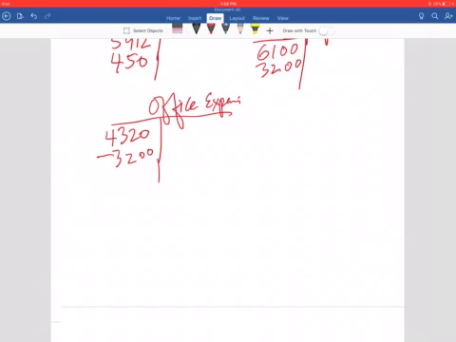The third error to fix is about services that were performed on account for a client, 2250, for which accounts receivable was debited 2250, which is fine, and service revenue was credited 2250, which is a mistake, right? So I'm going to go into service revenue.